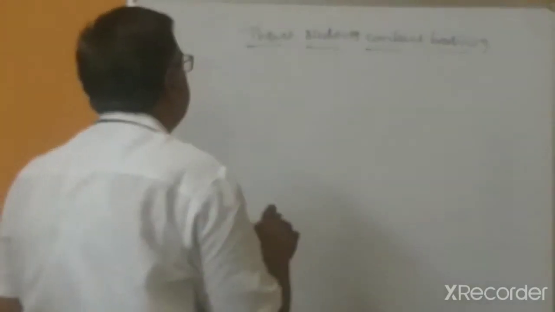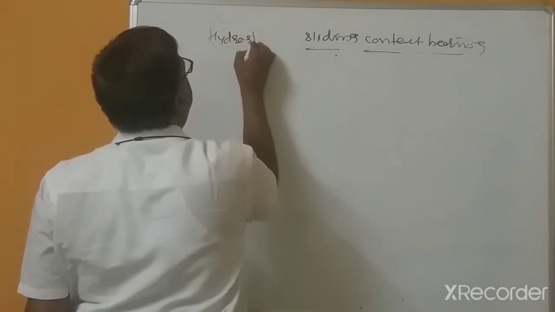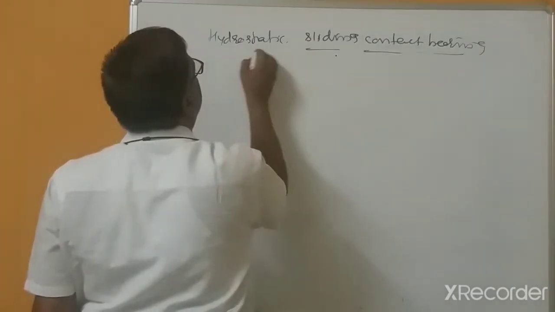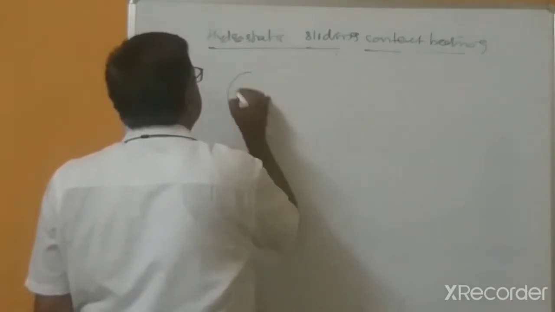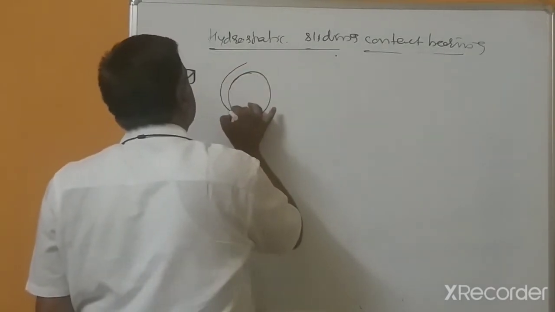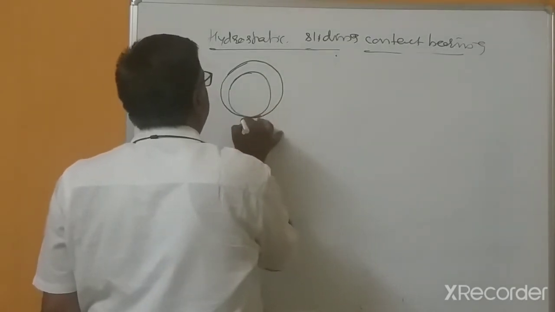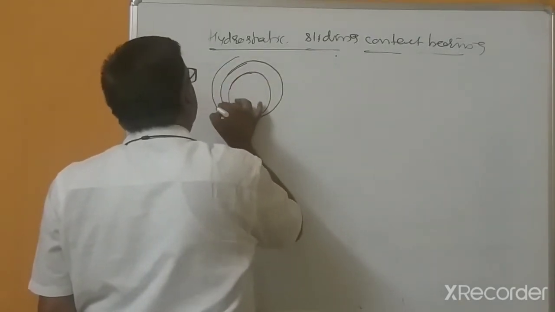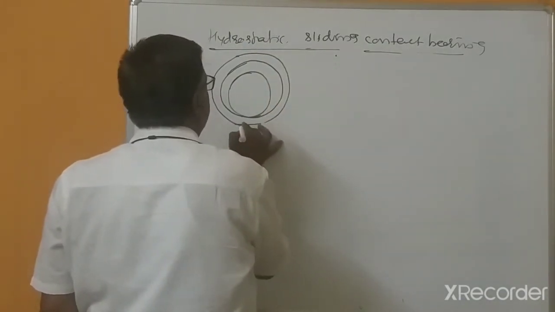Now, yesterday we studied hydrostatic sliding contact bearings. In hydrostatic sliding contact bearings, suppose this is the journal and this is the housing.